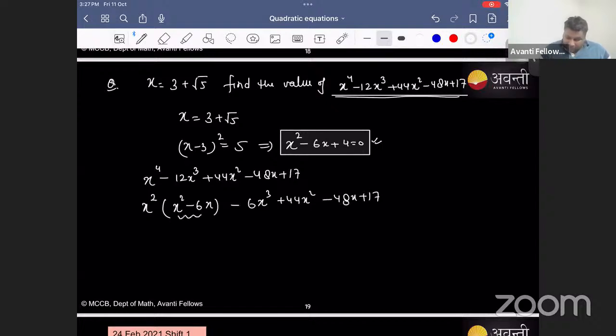Now this x square minus 6x is what? Minus 4. So minus 4x square you got, minus 6x cube plus 40x square minus 48x plus 17.